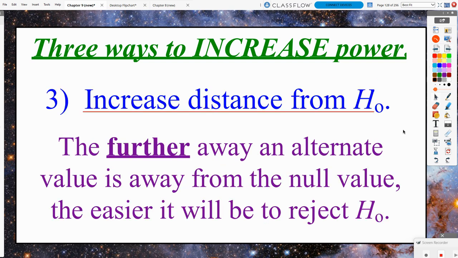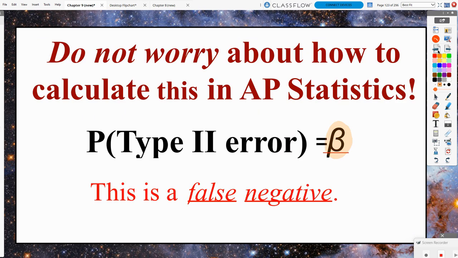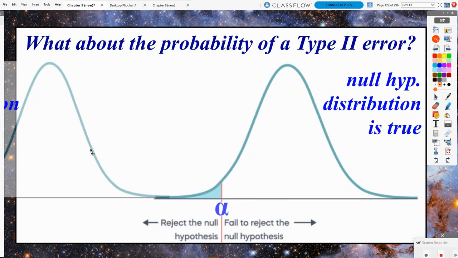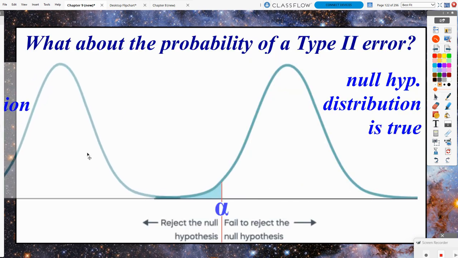The third, which we're not really going to discuss too much about here, is to increase the distance away from the null hypothesis. The further away our alternate value is, away from the null hypothesis value, the easier it will be to reject the null hypothesis. And again, this kind of goes back to when I was showing you, let me jump back to here. So this would be like the alternate hypothesis value.